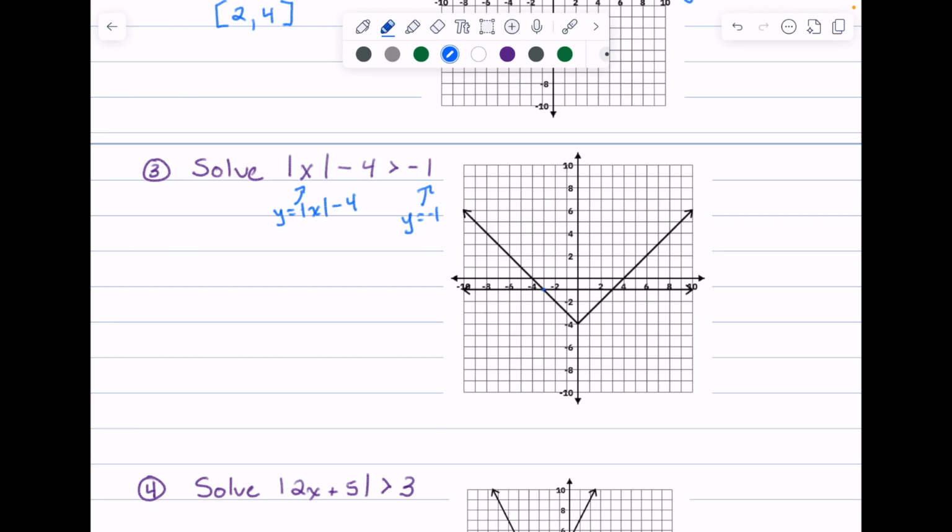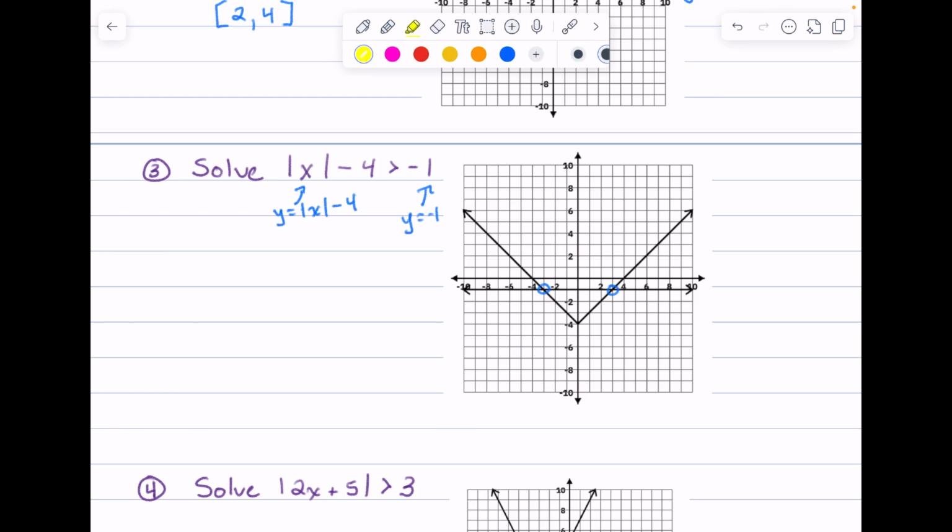All right, so here are my boundary points. That's where they meet up. But actually, sorry, they're not allowed to be equal, so it's an open circle. And then where is this graph greater than negative 1? Well, anywhere above negative 1.